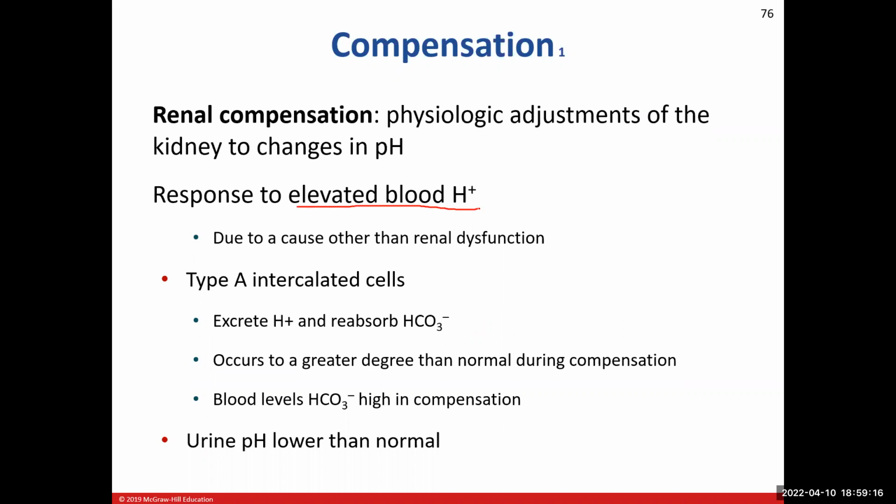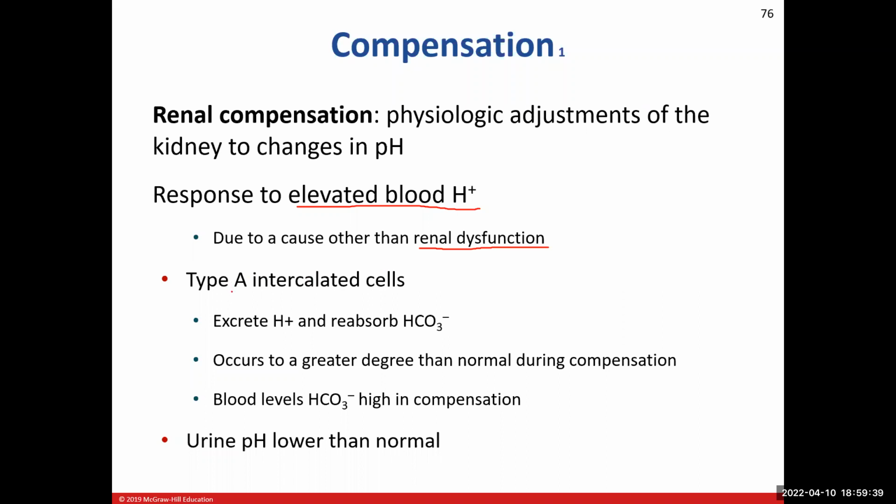We'll talk about how they do it briefly, but obviously this will occur as long as there's no renal dysfunction. If there's renal dysfunction, the kidneys can't fix the problem, so we have to consider that there's no renal dysfunction.